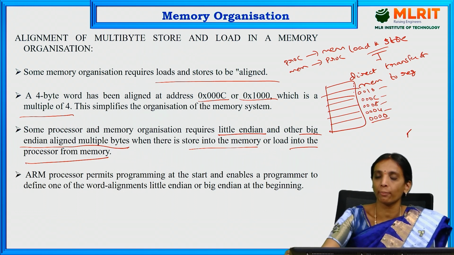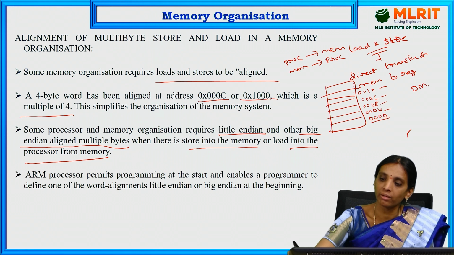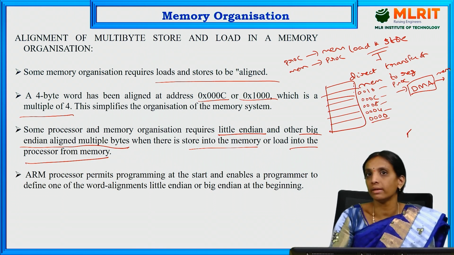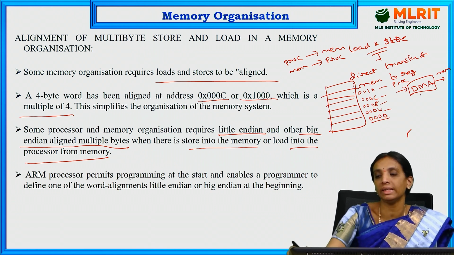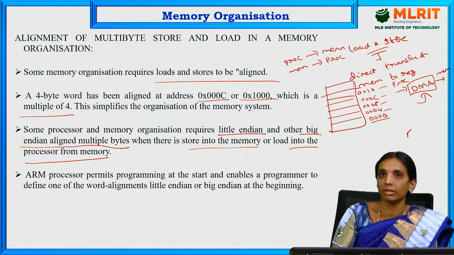In other processors, like the 8086, we used the direct memory access DMA controller for transferring data from processor to memory. But in ARM processors, we are not using any interfacing kit like a DMA controller. Here we have the load and store architecture.